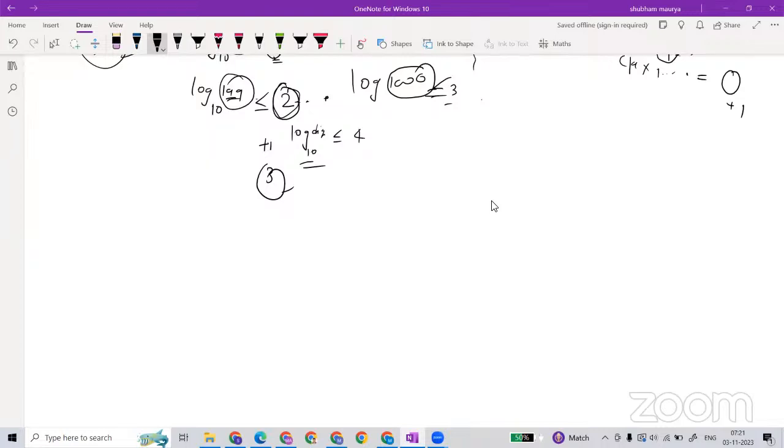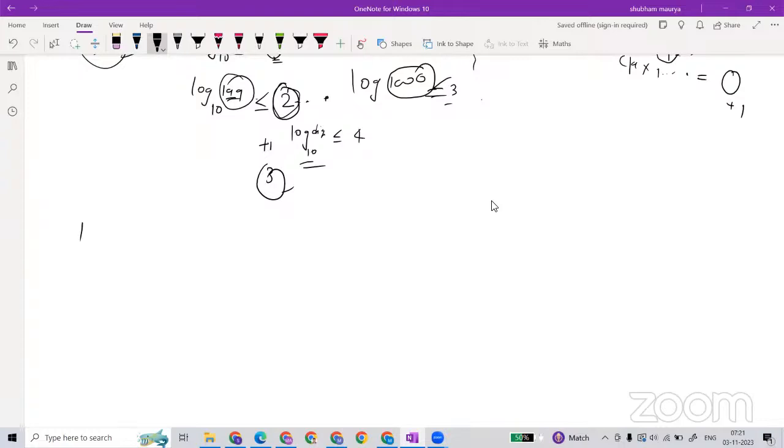See, whatever function exists in nature, it could be one-one or not. Exponential, we have seen that it is increasing, so it is one-one. There are two things.